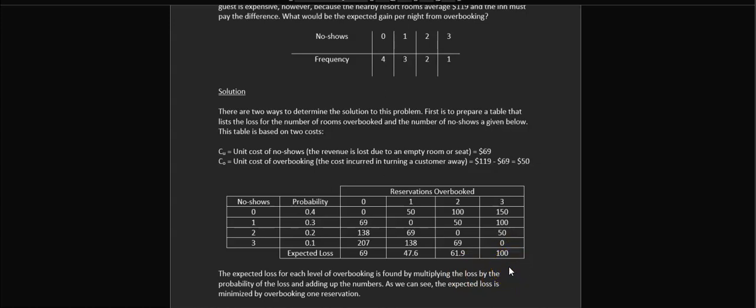Now, getting to the answer before I apply this to other applications, you can see that the sweet spot for the lowest probable loss is 47.60. So if you're this innkeeper, manager, owner, you would say that your best probabilistic situation is to overbook 1 room with the probability of losing $47.60.